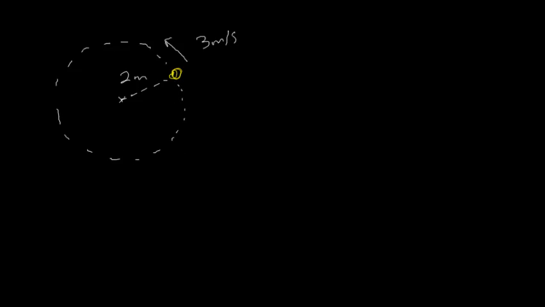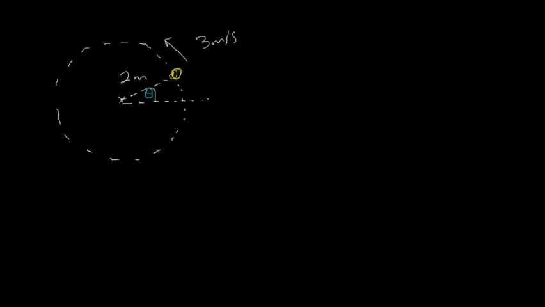Now we have also seen that the position of the ball can be described by an angle. Let's say I'll call this theta. Now this angle we call an angular displacement from a reference direction.